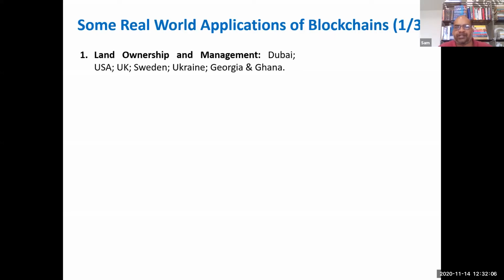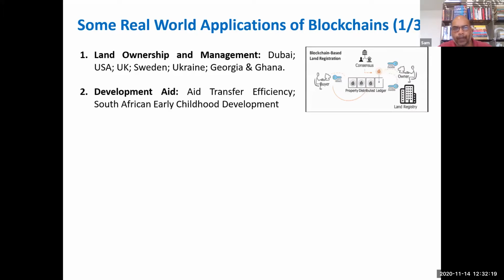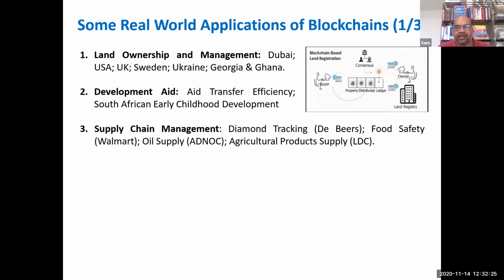Land ownership and management already used by countries like Dubai, Sweden, Ukraine, Georgia, Ghana, states and counties in US, UK, and so forth. Development aid already being applied there. Supply chain management, huge applications of blockchain in supply chain management.